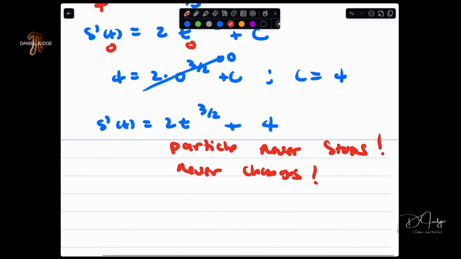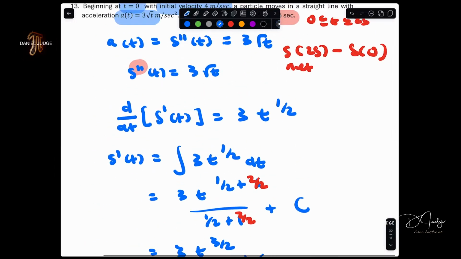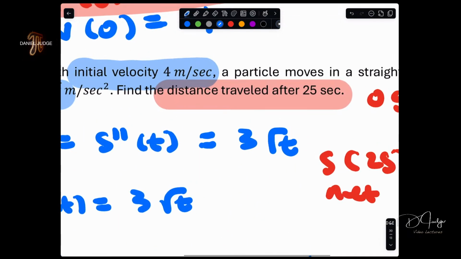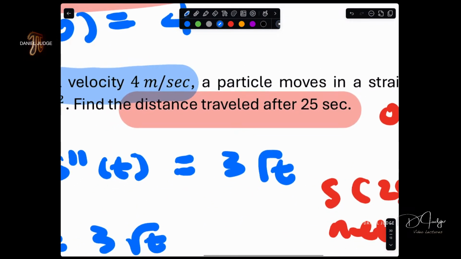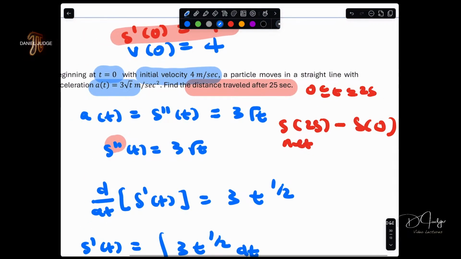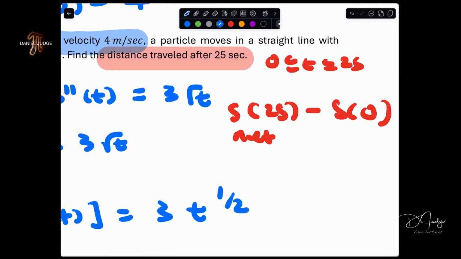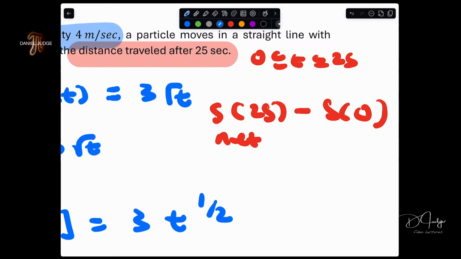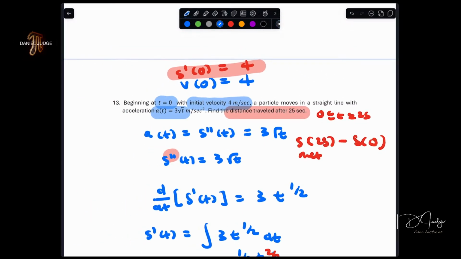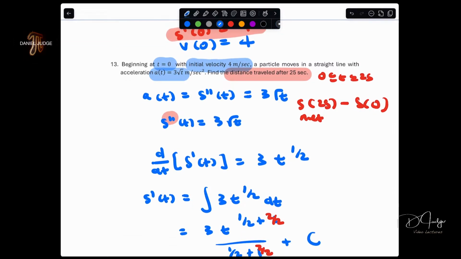So when you try to find this distance traveled question, it's a very special question. But the devil's in the details. If you guys recall, particles can stop and change direction, and you can try to find this s of 25 minus s of 0 difference, but it's not necessarily going to be the distance traveled. It will in this case because these problems are specially chosen.